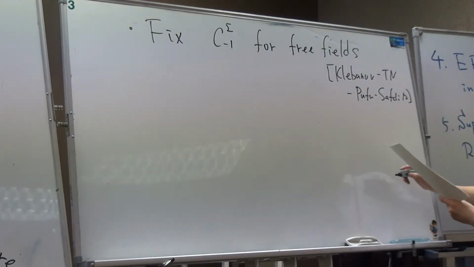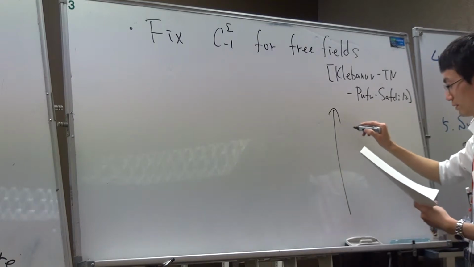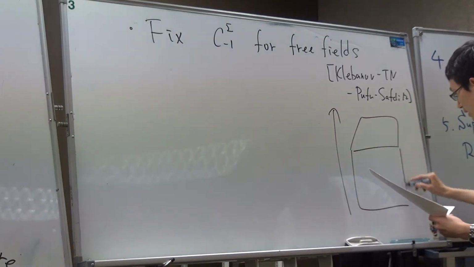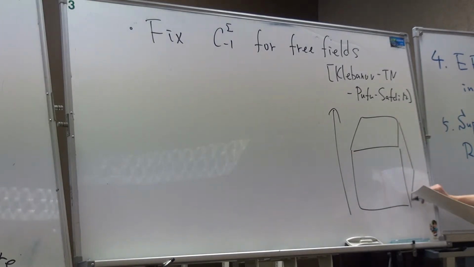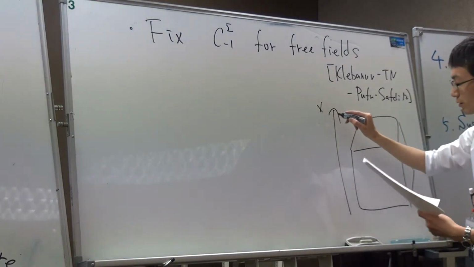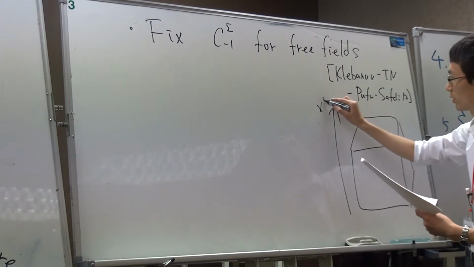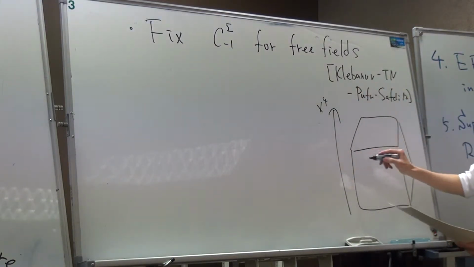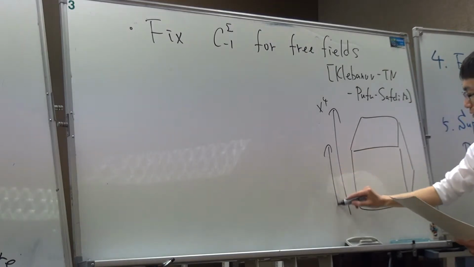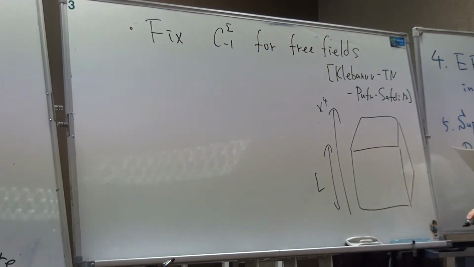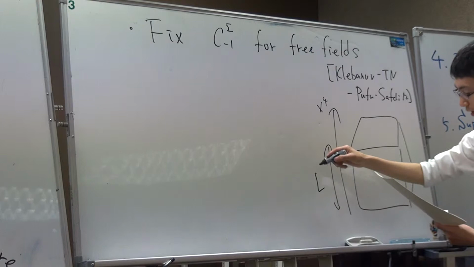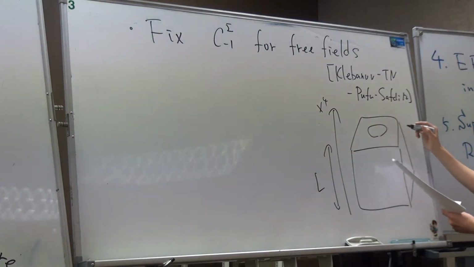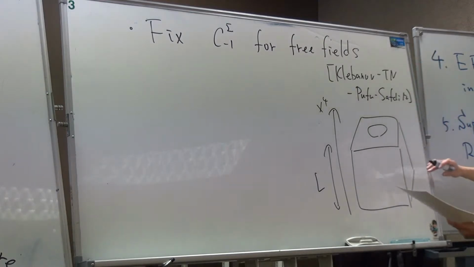So I like to start with the theory in one dimension higher. This is my extra direction, x4, and I compactify one of the directions to a circle of length L. Then this slice becomes R2. Sorry, I forget about the time direction.